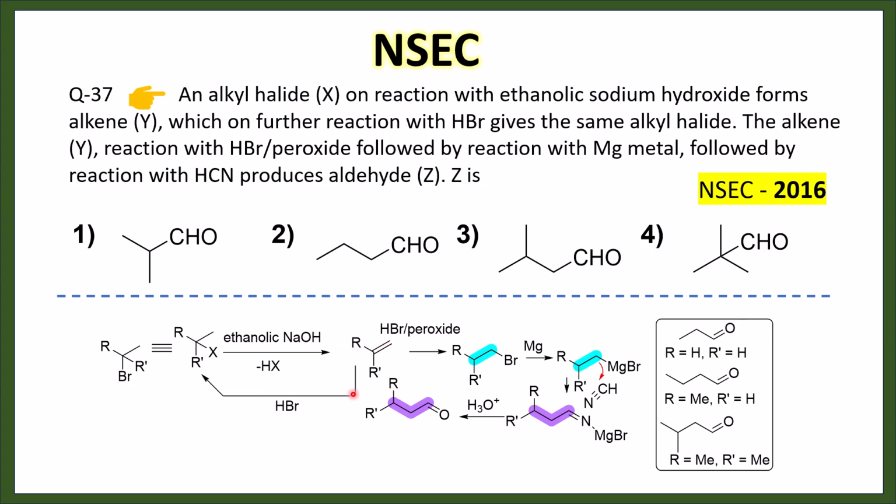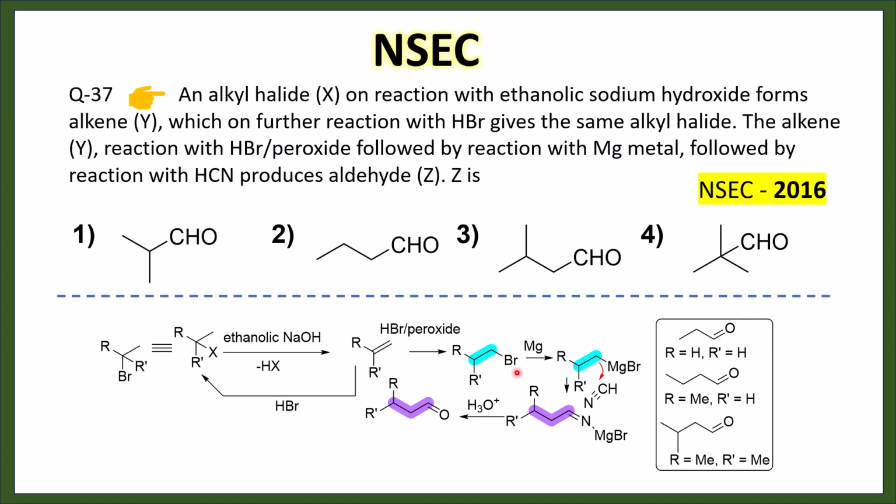Again the alkene reacts with HBr to give the same product. That means this is the possible alkene from which we can get the same alkyl halide. It undergoes ethanolic elimination to give the alkene again. When treated with HBr and peroxide, terminal bromination happens. So this is the bromide.